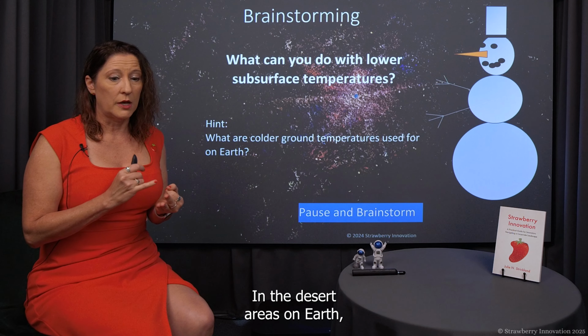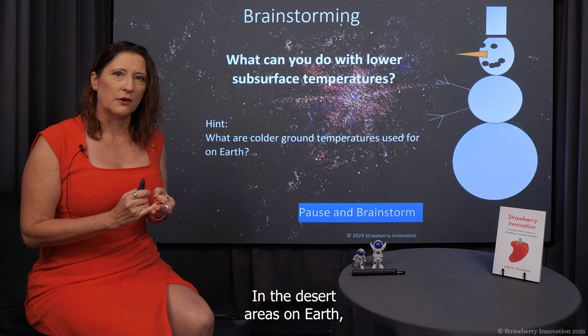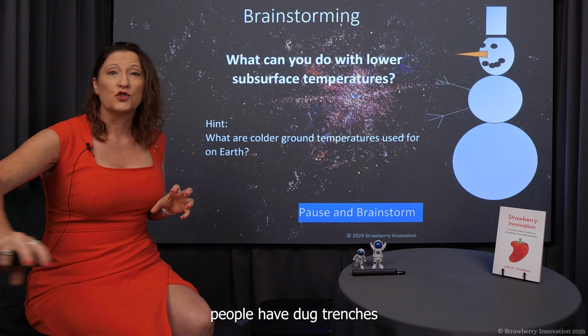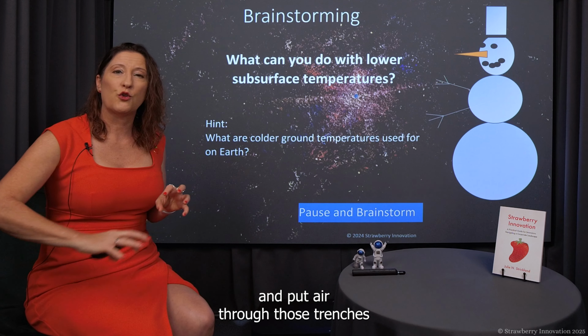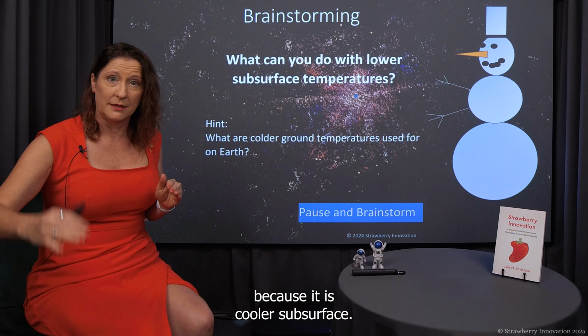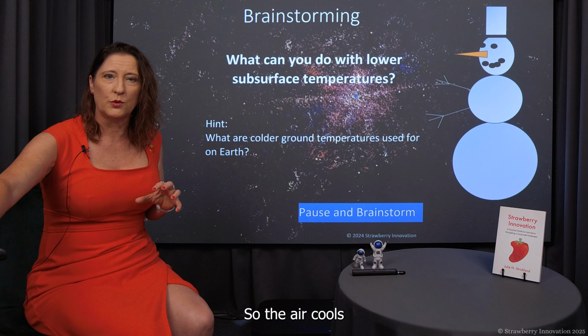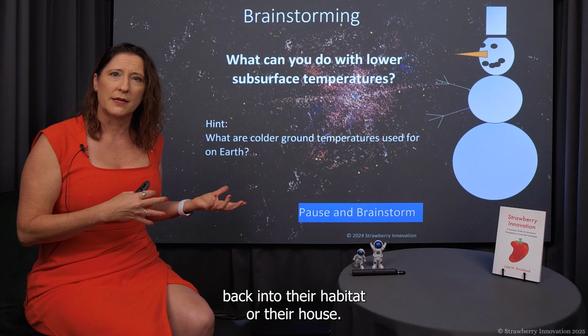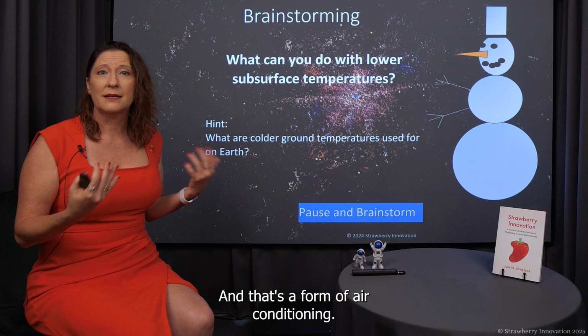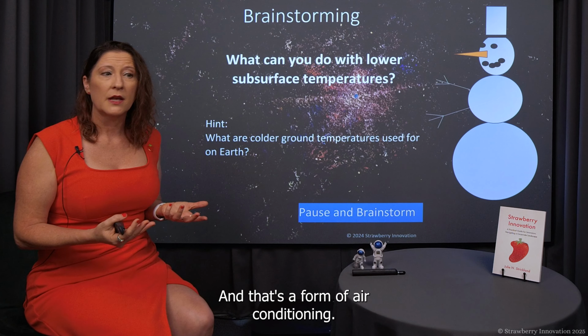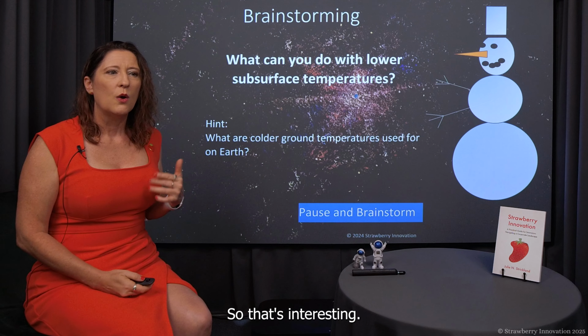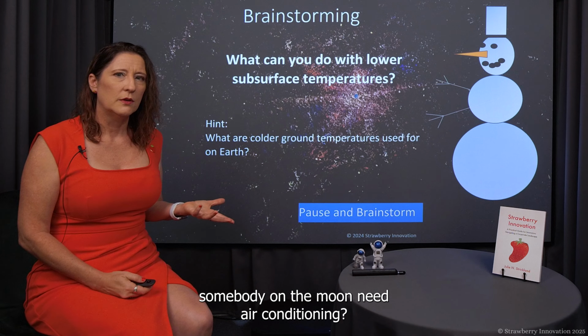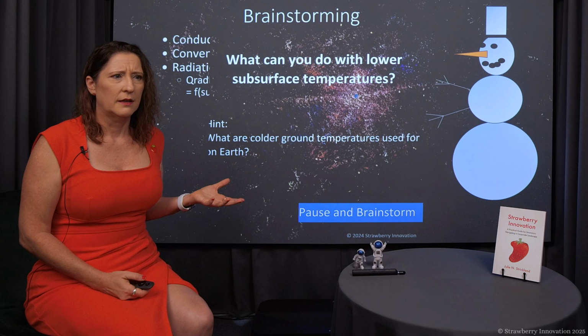In the desert areas on Earth, people have dug trenches and put air through those trenches because it is cooler subsurface, so the air cools, and then they can pump it back into their habitat or their house, and that's a form of air conditioning. So that's interesting. Why would somebody on the moon need air conditioning?